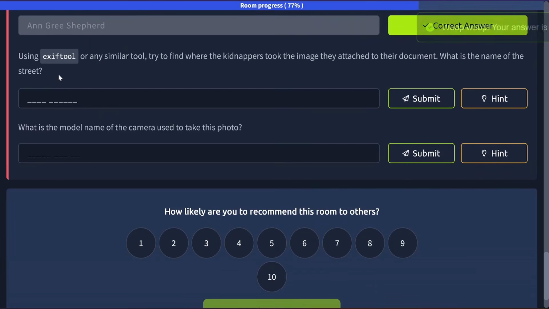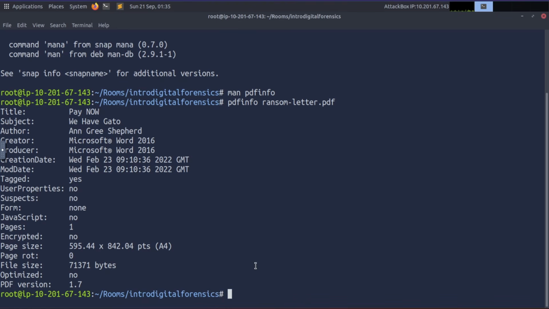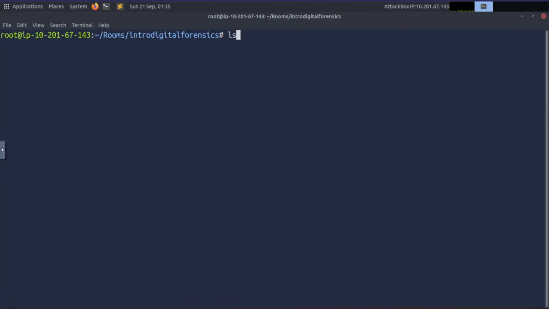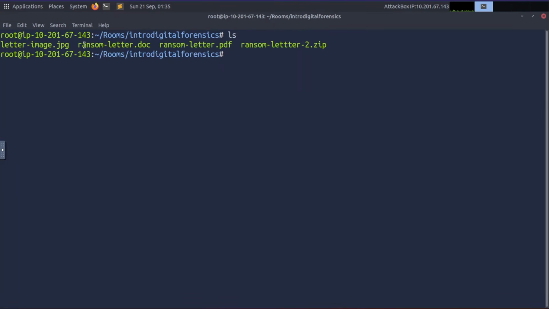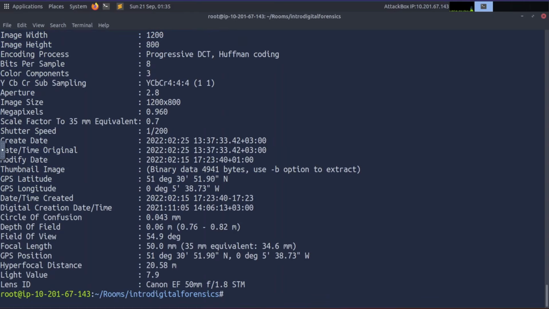So awesome. That was using pdfinfo, looking at metadata. Now it wants us to use EXIF tool, which is metadata for images, to try to find where the kidnappers took the image, right? So if I go back here, let's clear this. Let's ls. We have the letter image.jpg. So let's run exiftool on letter image.jpg.